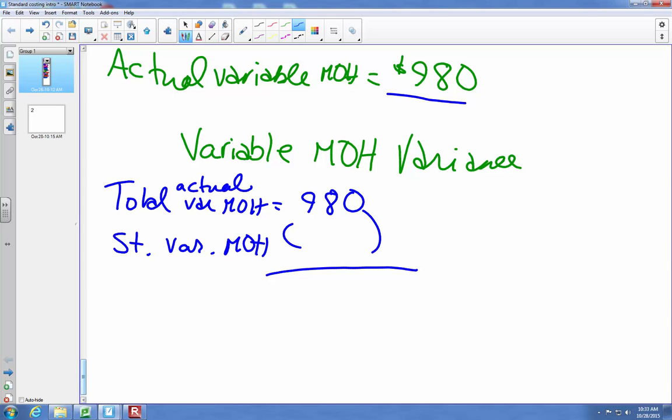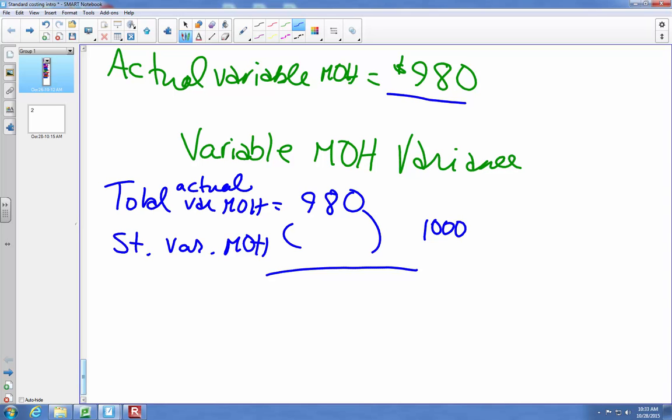So we're doing just the same as we did with labor. And we're going to break it into our two formulas. How many crates did I make? 1,000.